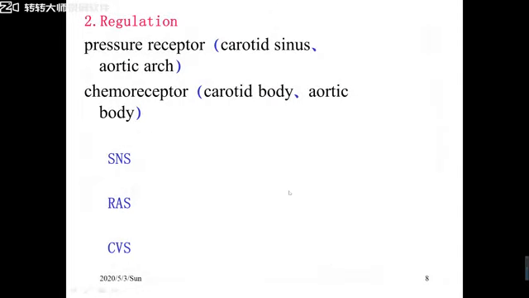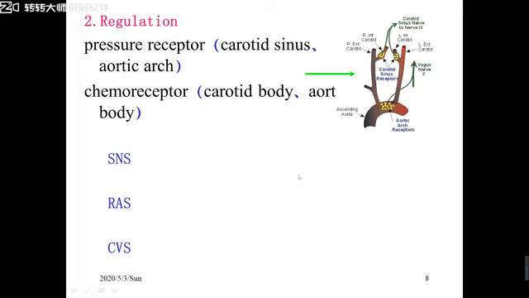Besides these factors, in physiology class we also studied that blood pressure is regulated by pressure receptors, such as the carotid sinus and aortic arch, and also by chemoreceptors, such as the carotid body or aortic body.